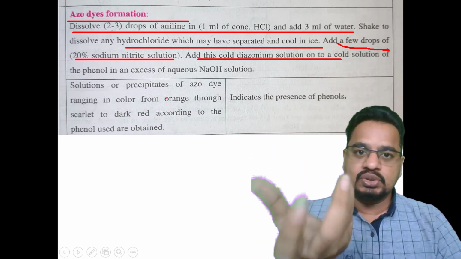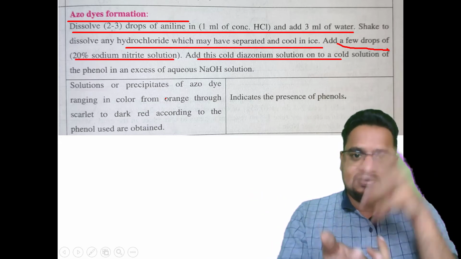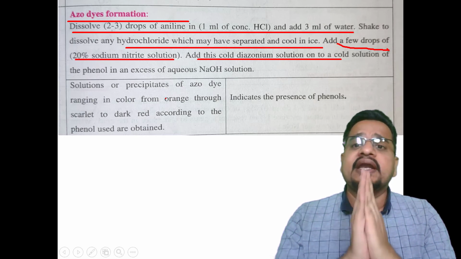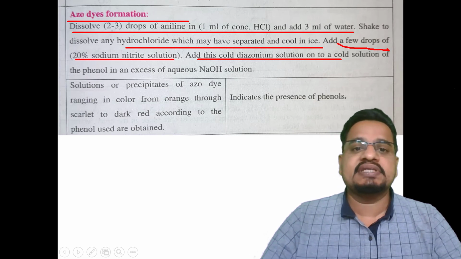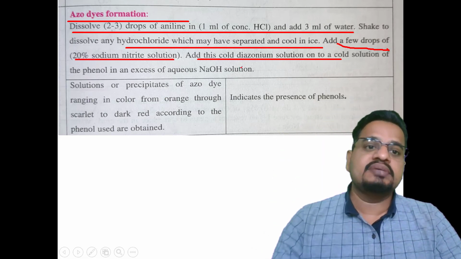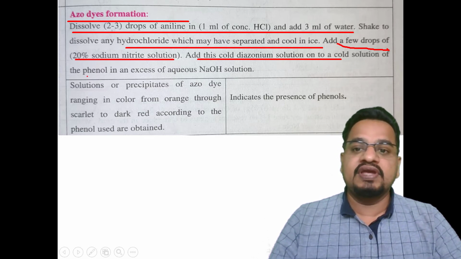After mixing this, you are getting the diazonium salt, isn't it? Aniline, hydrochloric acid, water, cool it, and after that add the sodium nitrite solution. Understand? And add this cold diazonium solution to a cold solution of phenol.